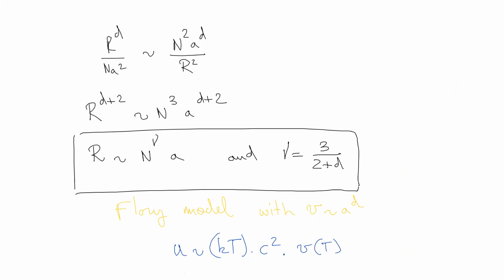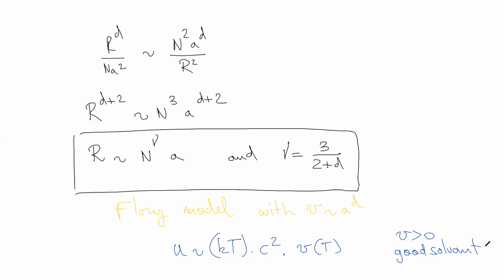And I told you that in Flory's picture, the solvent was a key element. In a sense, we were saying that the chain will swell in a good solvent. So when V is positive, we said it's a good solvent, in the sense that the polymer chain likes the solvent, and so it wants to extend in the solvent and take as much space as possible.